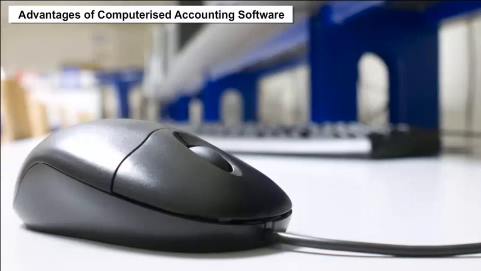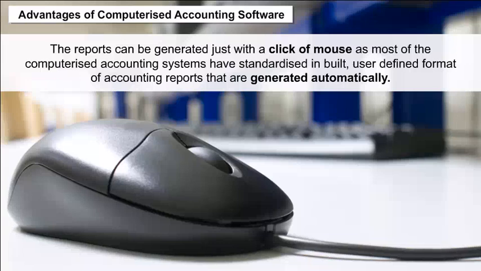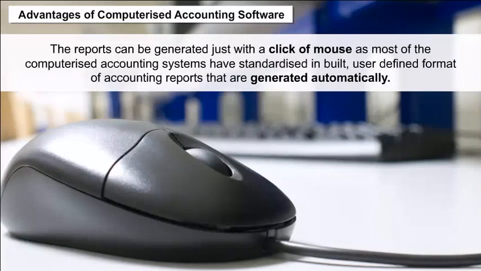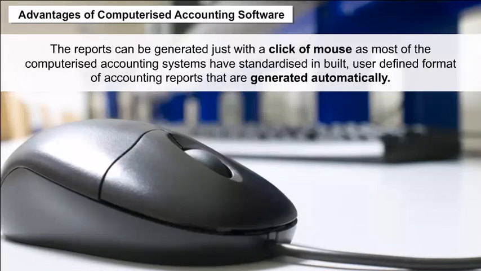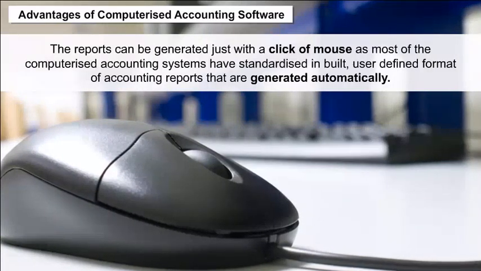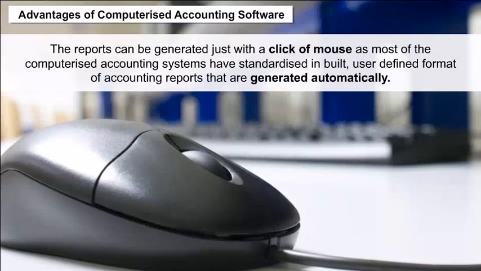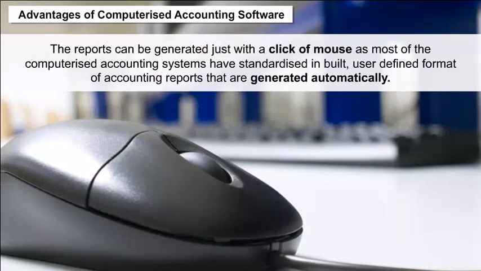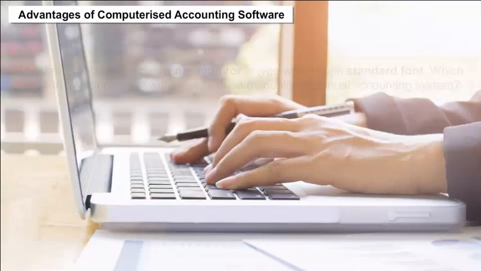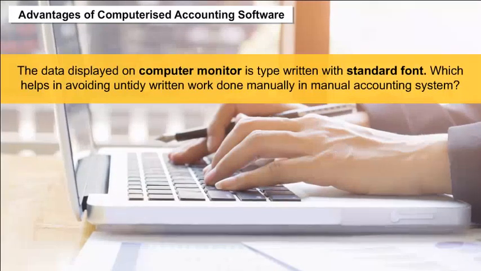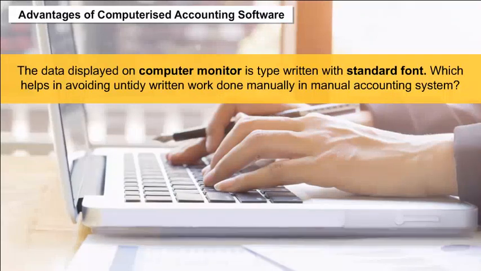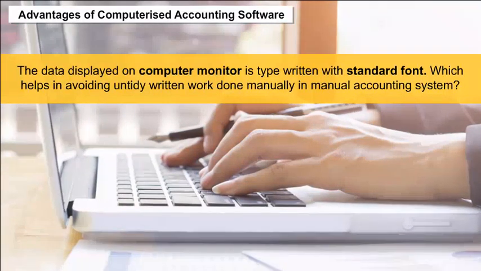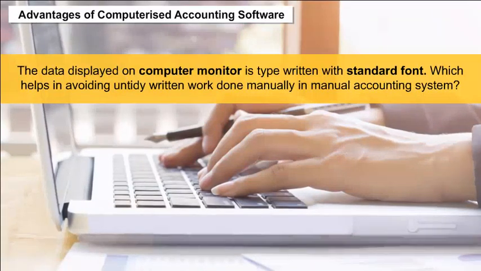In computerized accounting system, the reports can be generated just with a click of mouse, as most of the computerized accounting systems have standardized inbuilt user-defined format of accounting reports that are generated automatically. Legibility. The data displayed on a computer monitor is typewritten with standard font, which helps in avoiding untidy written work done manually in manual accounting system.